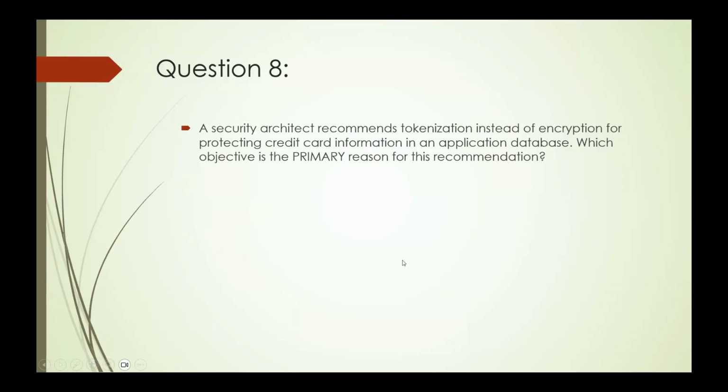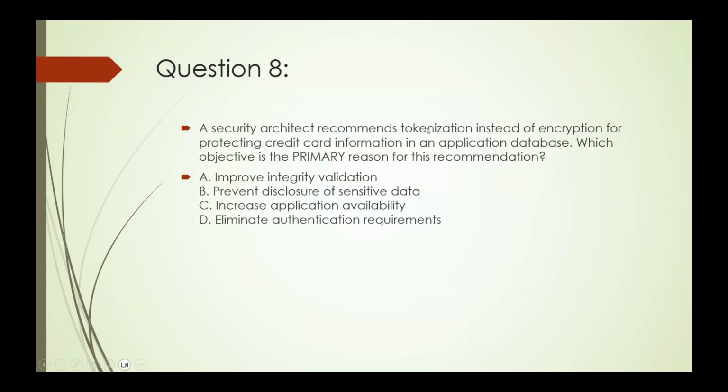Next, a security architect recommends tokenization instead of encryption for protecting credit card information in an application database. Read again. A security architect recommends tokenization instead of encryption for protecting credit card information in an application database. Which objective is the primary reason for this recommendation? So, why do you think the security architect has recommended tokenization but not encryption?